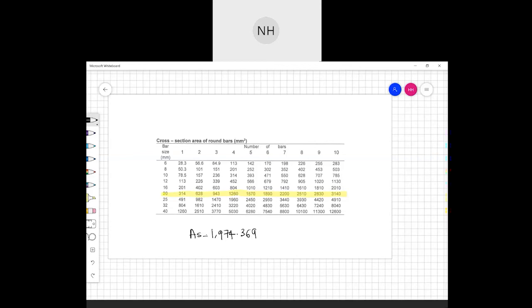So the area that we're going to select, awak rasa-rasa yang mana? 2200 ataupun ada orang cakap okay 7y20. Okay, 7y20 yes. Since kita kena pakai 20 mm, it must be bigger than the value of AS. Kita select, so the nearest one is 7y20 ataupun 2200 AS dia.